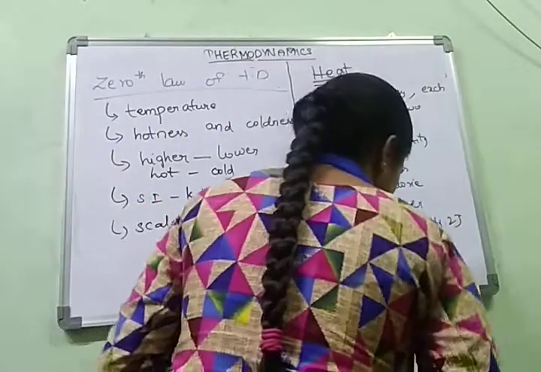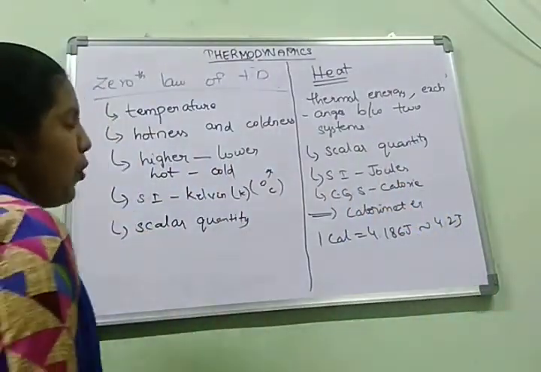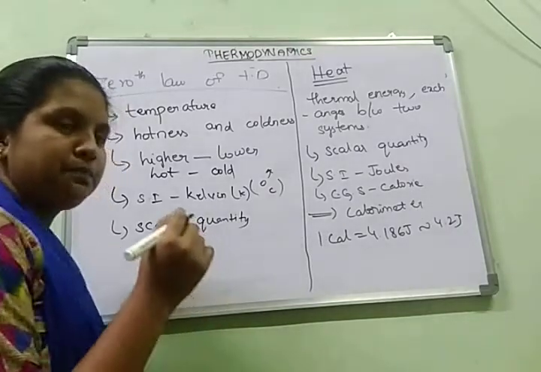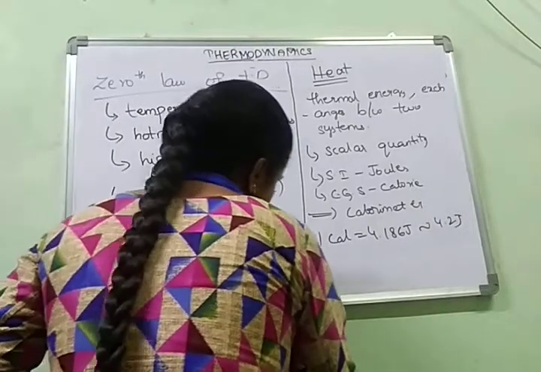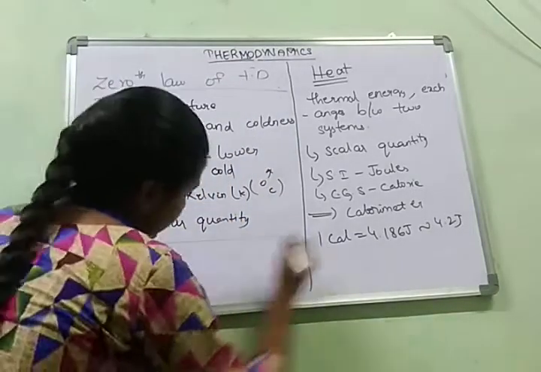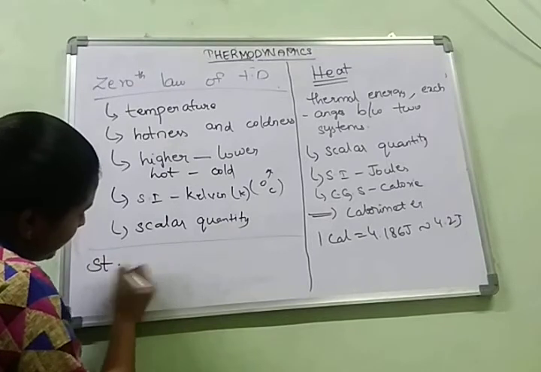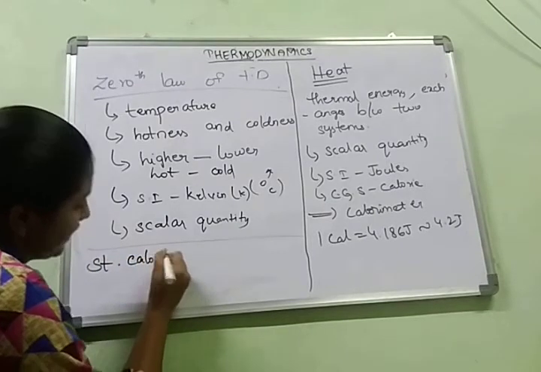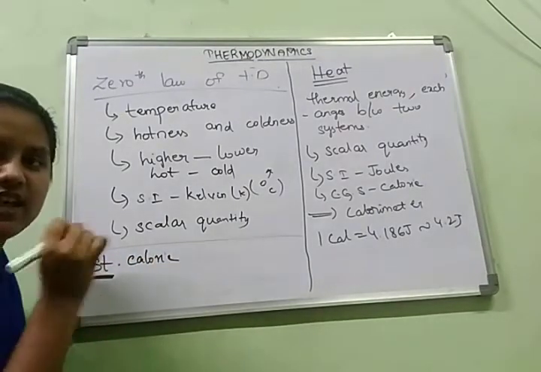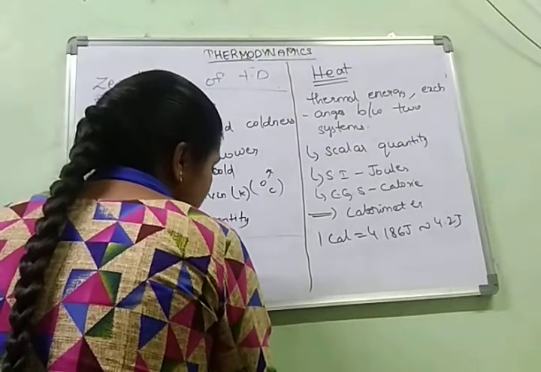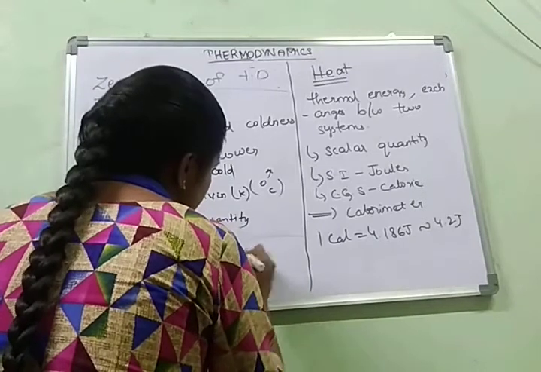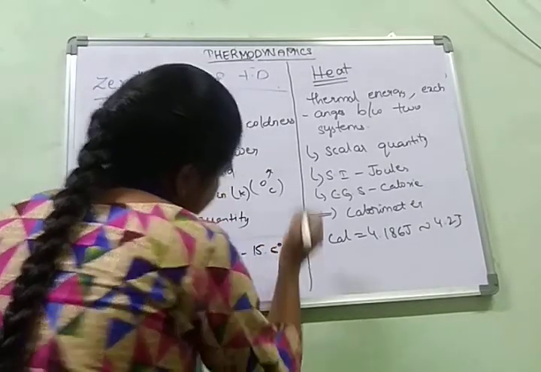Here I'll say one important thing: what is the standard calorie? Here I am writing the standard calorie. The standard calorie is defined from 14.5 degrees Celsius to 15.5 degrees Celsius.